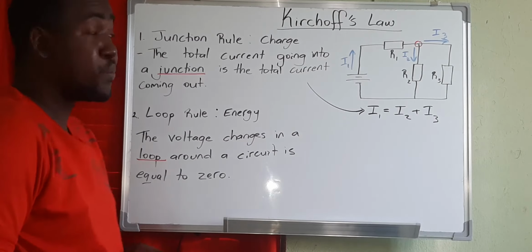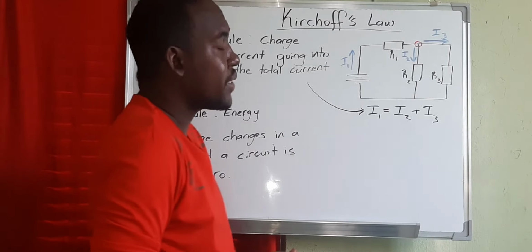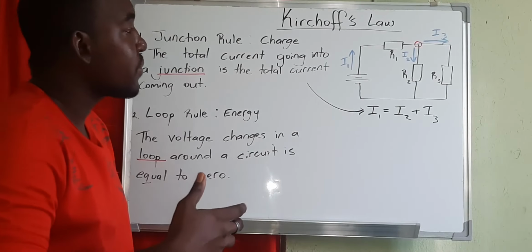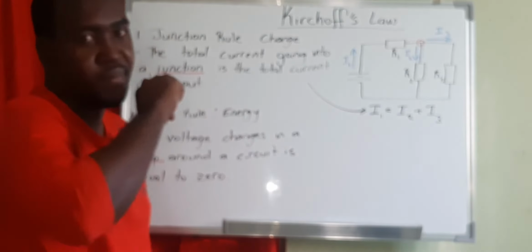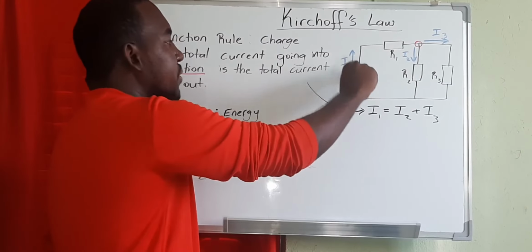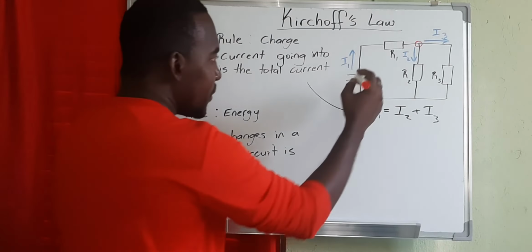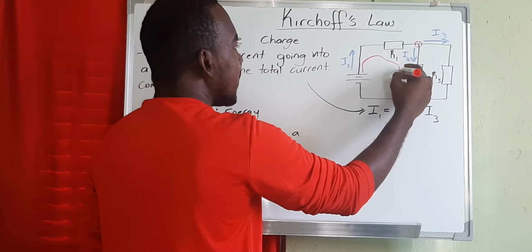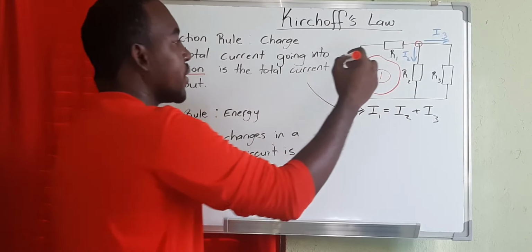Let's look at the loop rule now. A loop is basically, we start from the battery, or the source of the energy, and it's one path from battery back to battery. So if we go from the battery here to R1, R2, and we come back to the battery, we can call that loop 1.